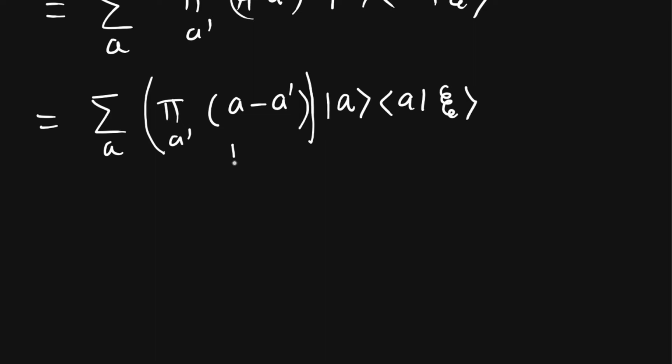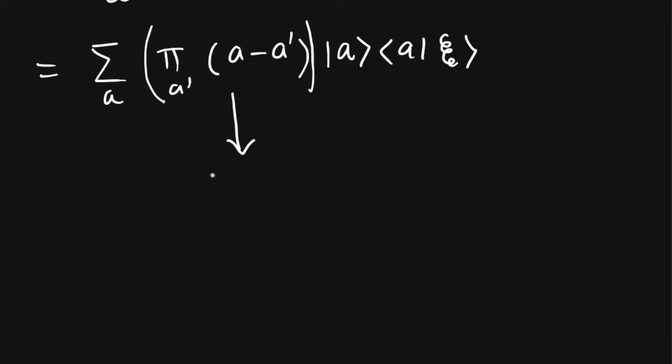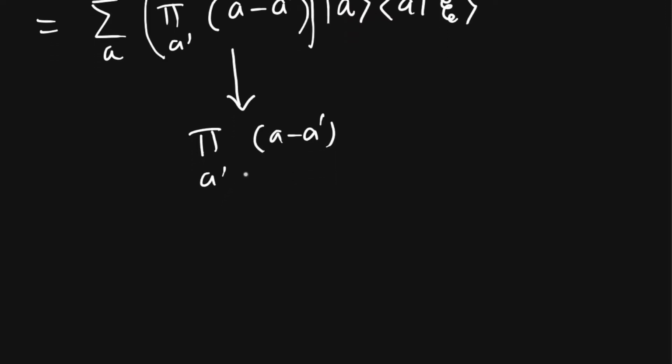Now let us look at this product over a' of (a - a'). Here we will multiply over all the possible values of the eigenvalue of the operator A. That means sometimes we'll get a' equal to a. Suppose this is equal to (a1 - a') and so on.